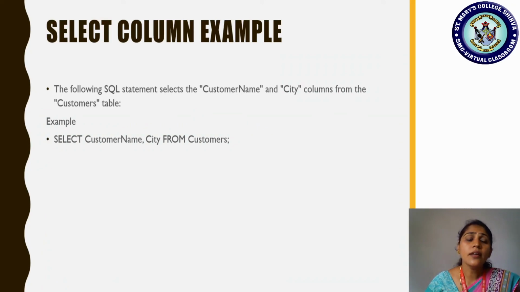So we can observe only a particular column in one kind of mechanism. Just observe here. The following SQL statement selects the customer name and city columns from the customer table. So this is an example. In case I want to view only the customer name and which city that customer belongs to, only these two columns of information.